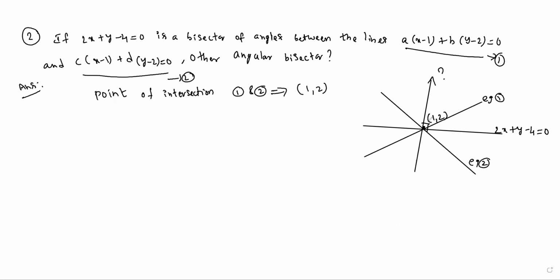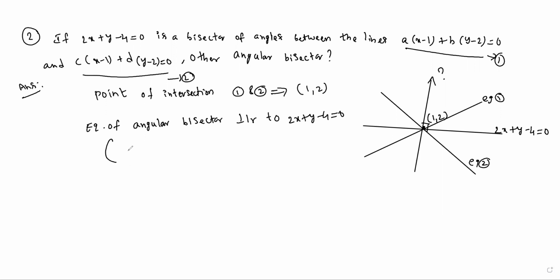Now we'll take the equation of the angular bisector perpendicular to the given one, 2x plus y minus 4 equal to 0.